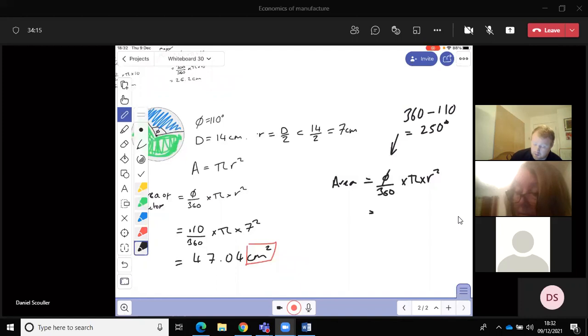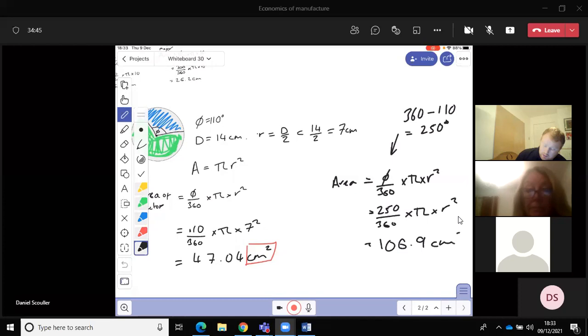So we're putting 250 over 360 multiplied by pi multiplied by r squared. No bother at all. 250 divided by 360 multiplied by pi multiplied by 7 squared. I am getting 106.9 centimeters squared.